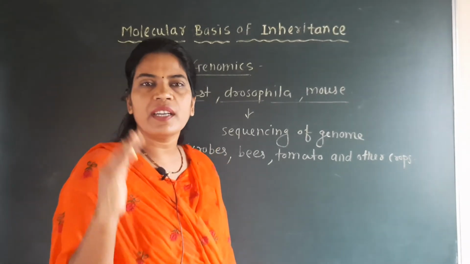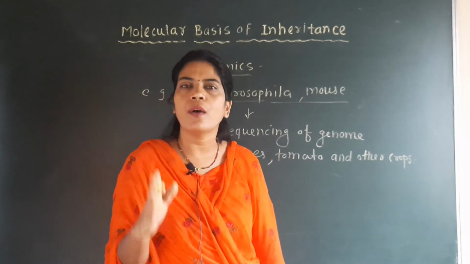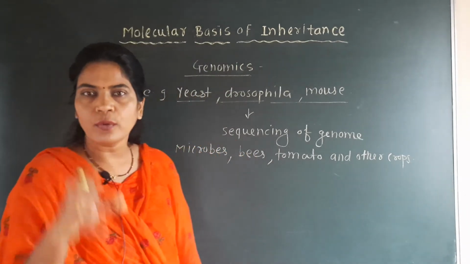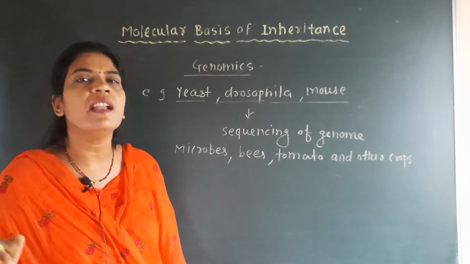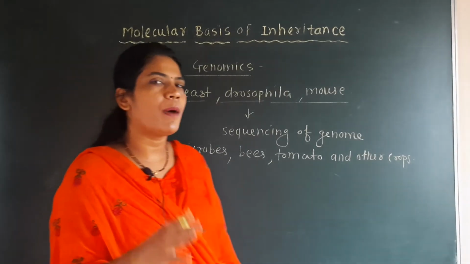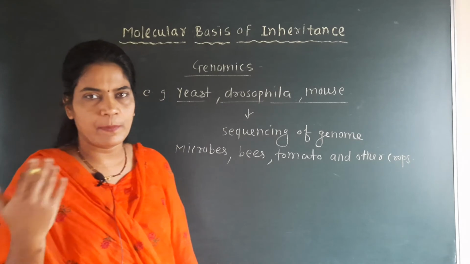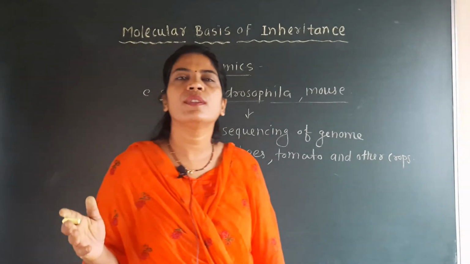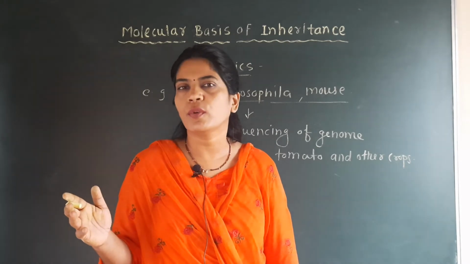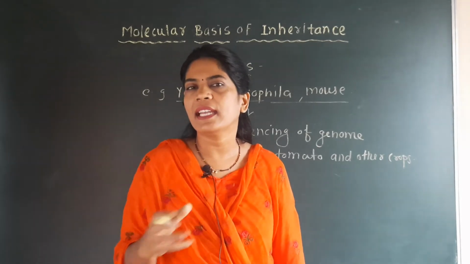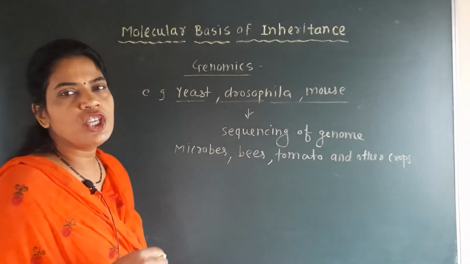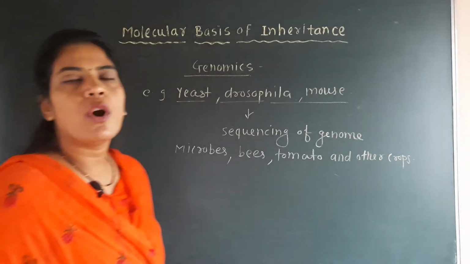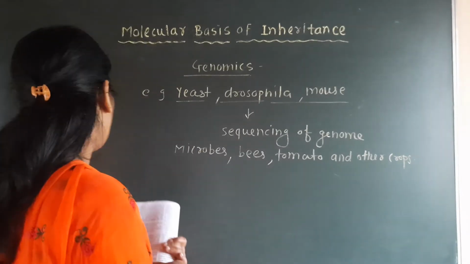To study in detail how the genome of the human being is different from other organisms, they studied not only Drosophila, mouse and yeast, but also different types of crops including tomato, then bees, and different types of microbes. Only then can they get a clear idea about the genome of the human being, or the relation of the human genome to the other organisms.